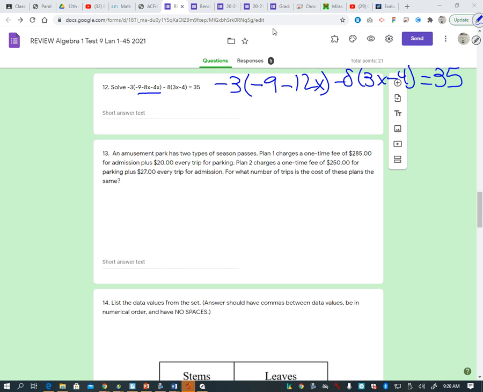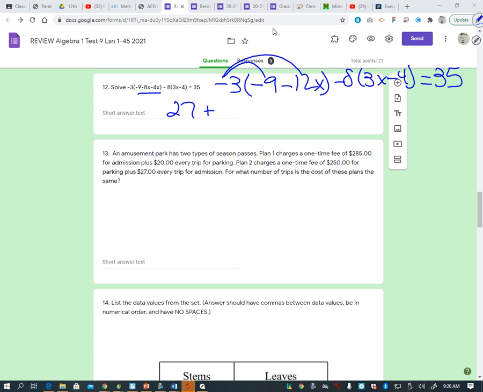Now distribute. What's negative 3 times negative 9? Positive 27. What is negative 3 times negative 12x, Camden? What's negative times a negative?